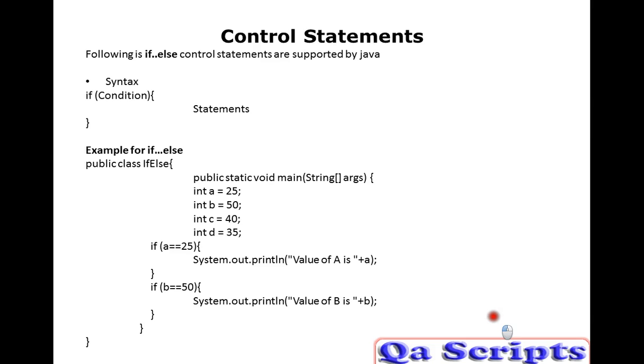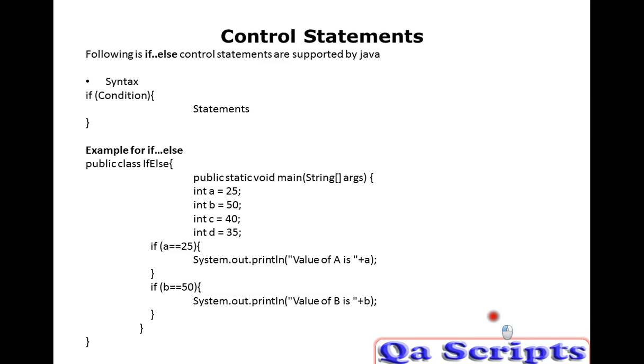Later I will use a condition, that is if of a equals equals 25. Here don't get confused between single equal and double equal. If you use single equal, that acts as an assignment operator that helps you assign a value to a variable.